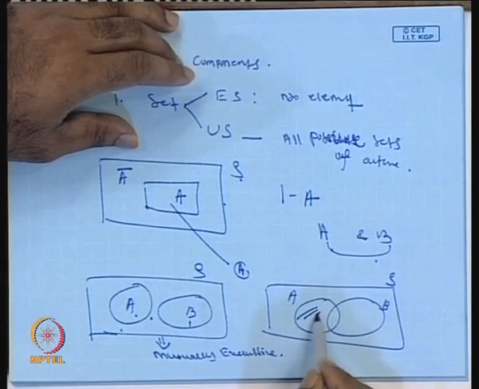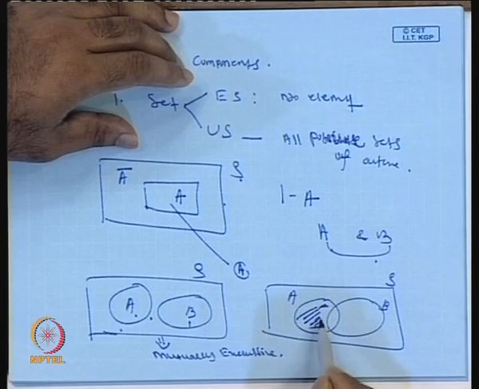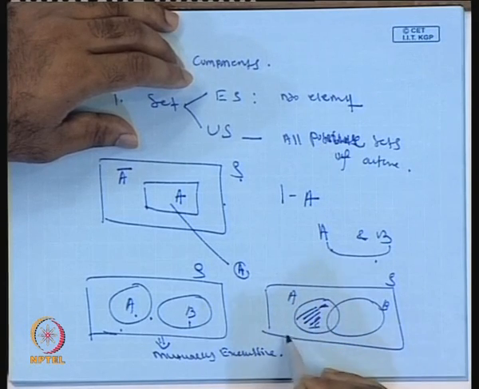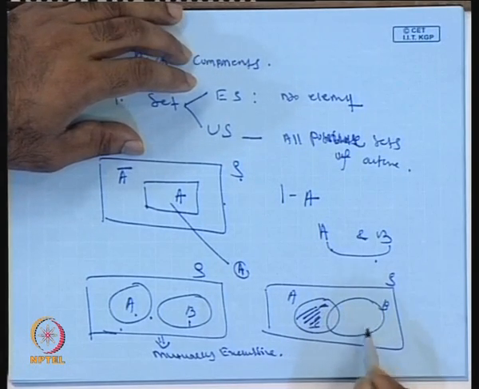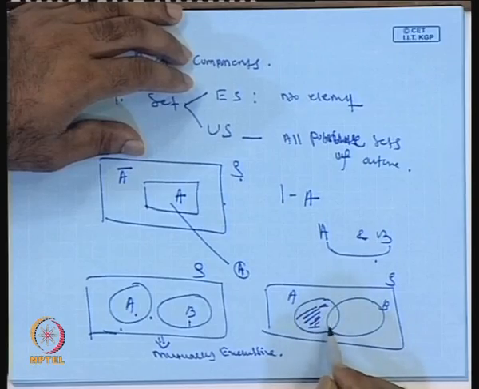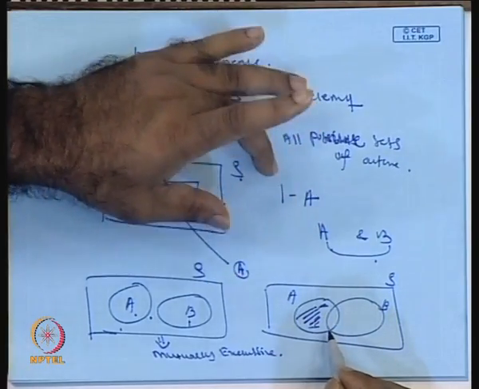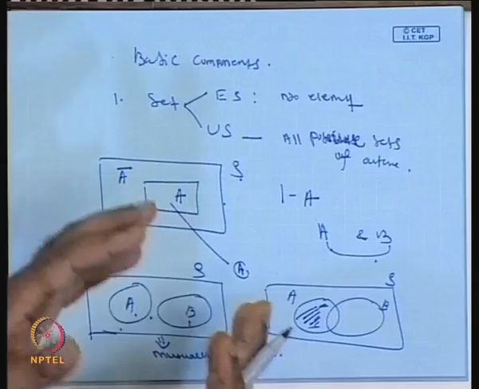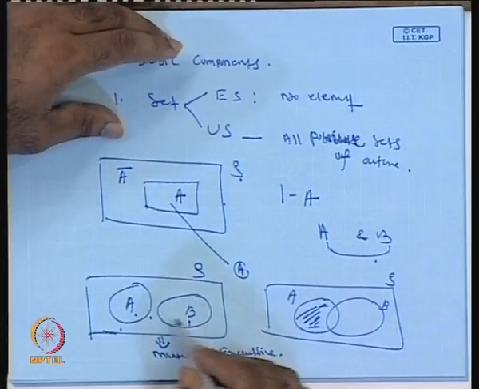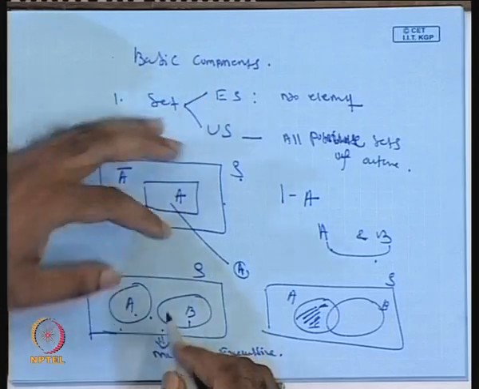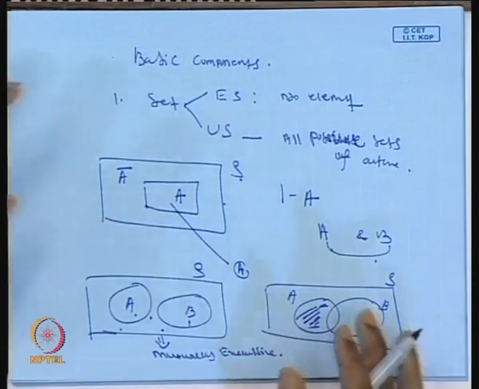This particular component is one cluster, and outside of it is called A complement. Then this is the B set, and outside of B is called B complement. Within A and B, we would like to know how they are related, whether they have some common element or not. In this case there is no common element, that means the two sets are completely independent of each other.